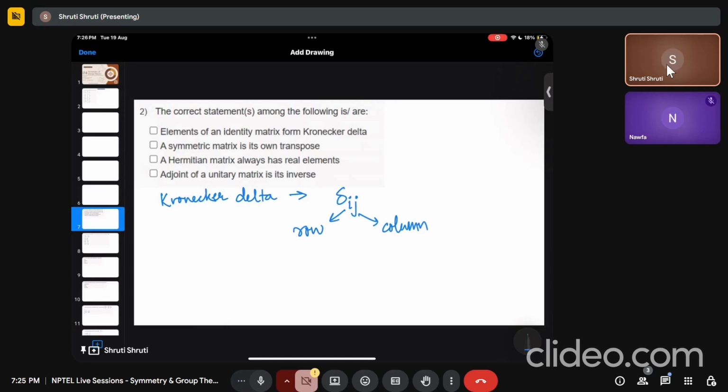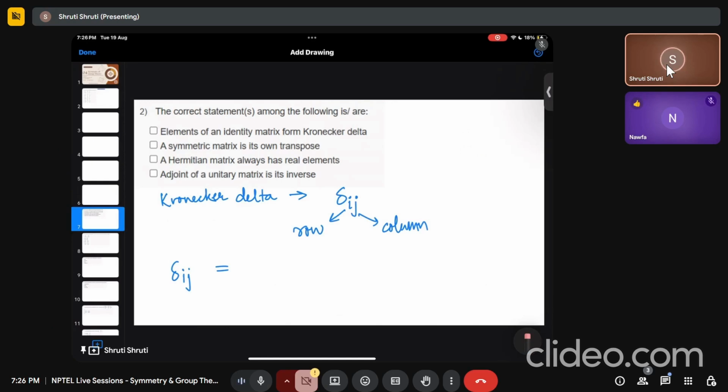So this is just an element of a matrix, like we denote a matrix by A ij. This has a special symbol.